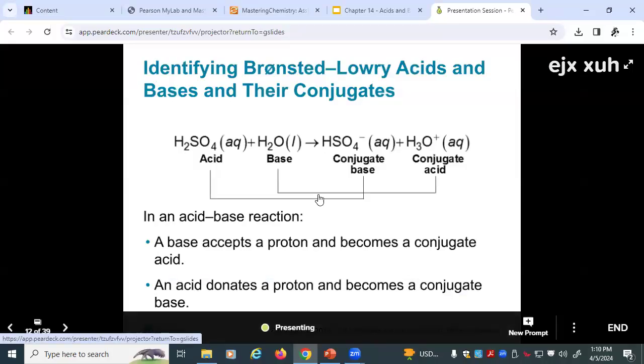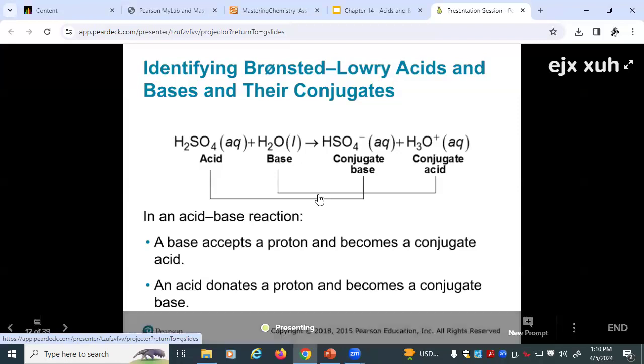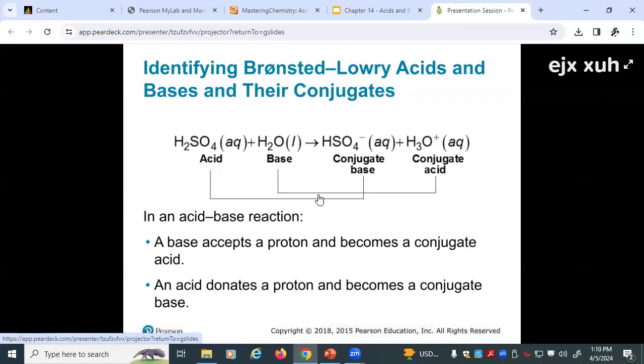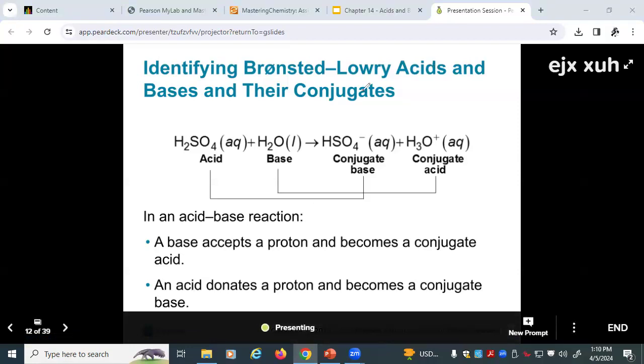Okay, so we left off at the end of Wednesday. We started looking at that second definition of acid and base chemistry, the Bronsted-Lowry definition.